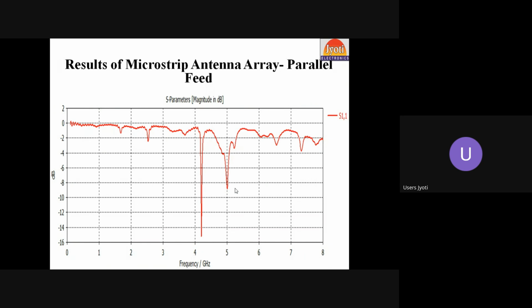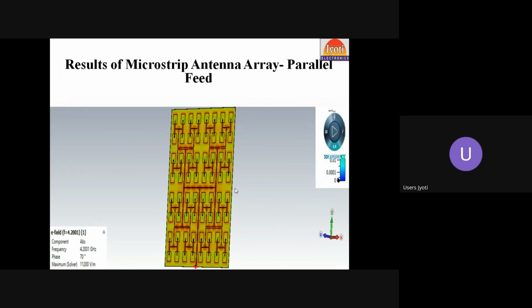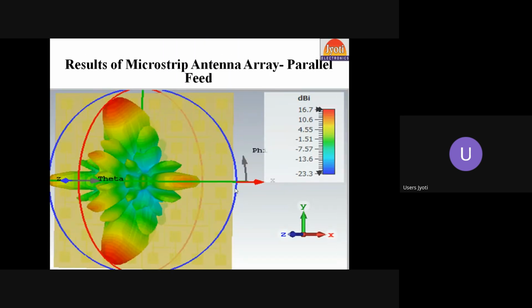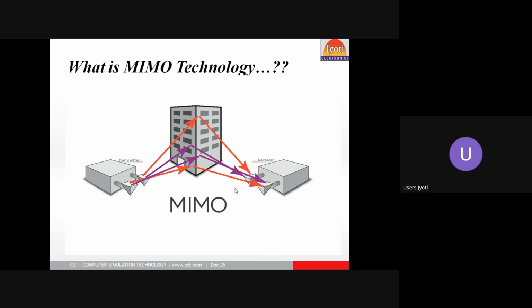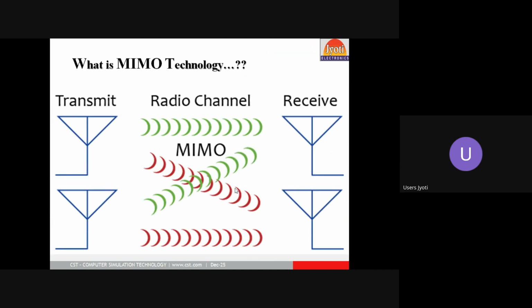We can see the S parameter, the electric field for the antenna, and the radiation pattern as well. Also, MIMO antenna technology is there. Basically MIMO is used for different phase shifts. If I want beam steering and beam forming operation, I generally prefer the MIMO antenna.